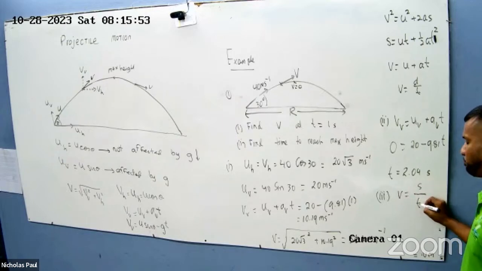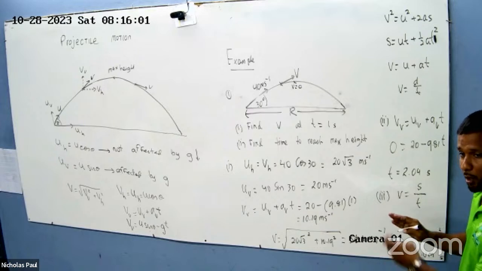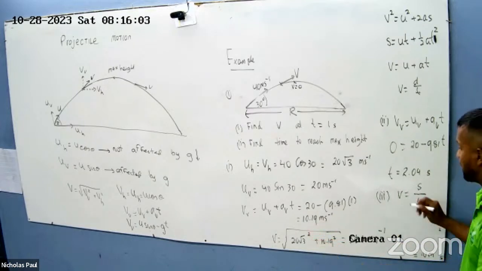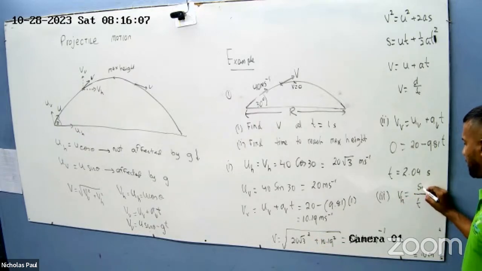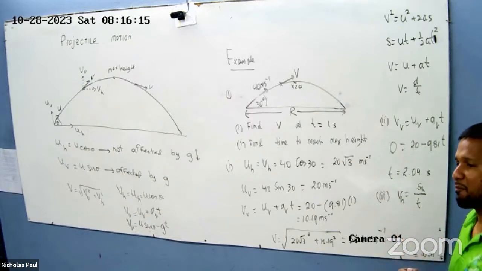No, let's talk about y. What did I ask for? Horizontal displacement. So if I get the horizontal velocity, I can get the horizontal displacement, and time is a scalar. That's okay? But Nikolai asked a question.